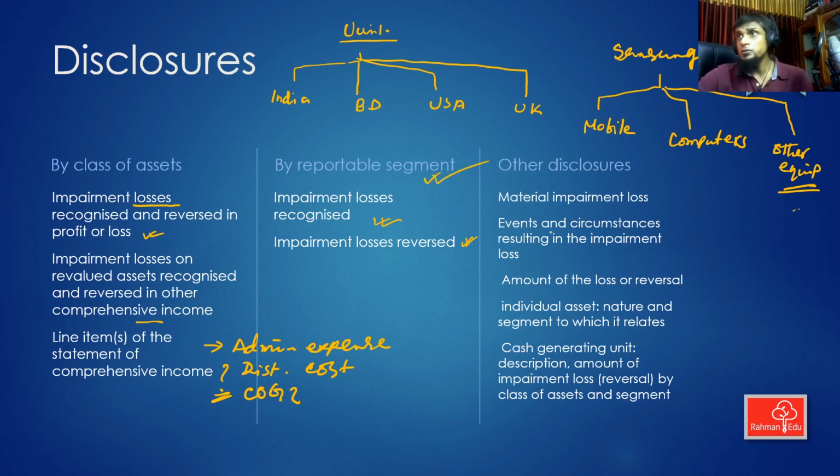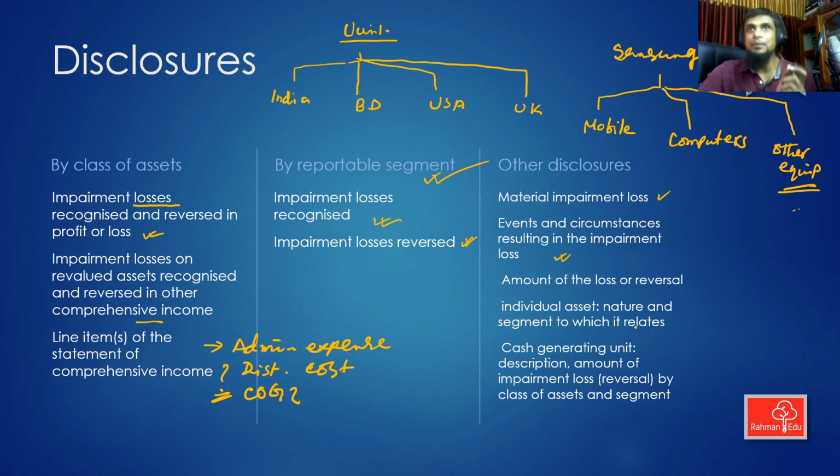You got that? Now, material impairment loss, of course, events and circumstances resulting in the impairment loss. We have done that question: why did we charge 4 million impairment loss in the first place? What was the indication? What was the result of testing, etc.? Amount of loss or reversal for individual assets: we need to disclose the nature and the segment to which it relates.